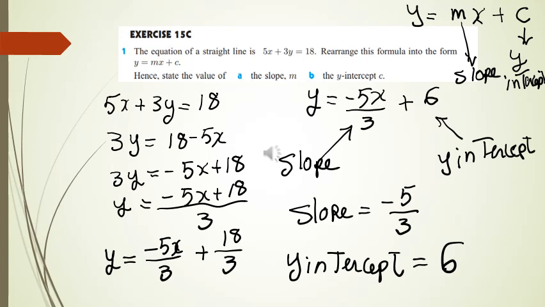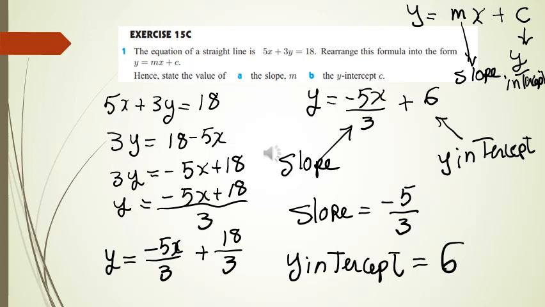Now we cannot leave it as it is. We have to put it in the form of y equals mx plus c. As both terms, negative 5x and 18, have a common denominator of 3, you can show that in the next step: y equals negative 5 over 3 x, or negative 5x over 3, plus 18 over 3, because both terms have a denominator of 3.